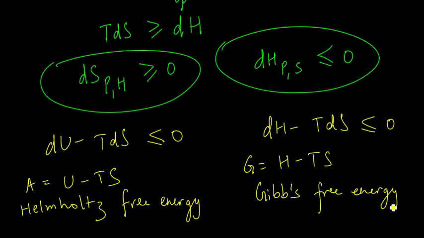So why did he choose A of all these? He is a German guy. A stands for Arbeit, that's work. And we'll see in the next lecture that actually delta A is the maximum amount of work that you can extract from a system.